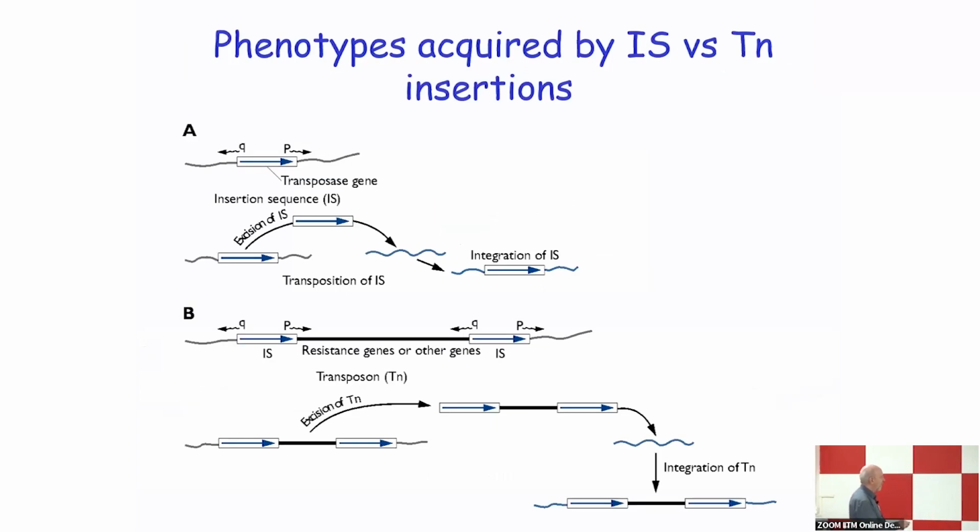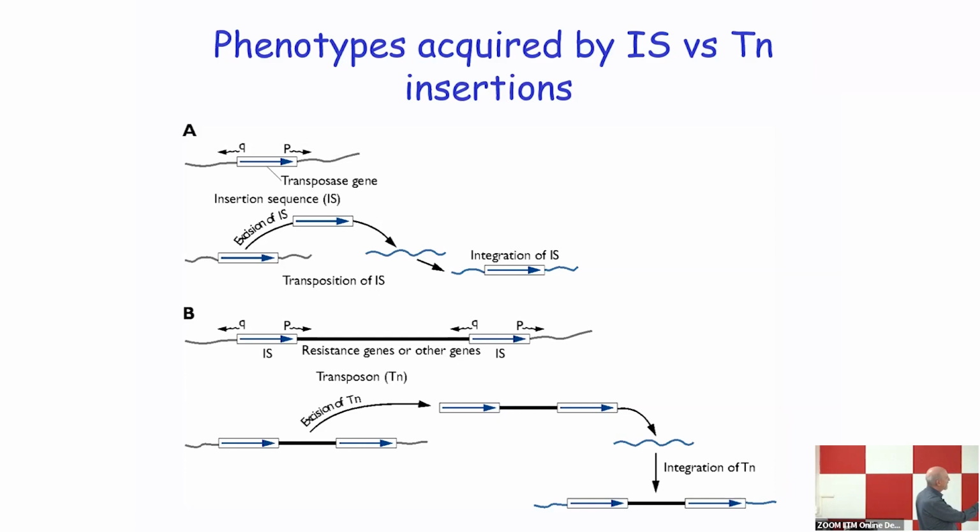So what happens when an insertion sequence jumps versus what happens when a transposon jumps? Well, if an insertion sequence gets inserted somewhere else, the only thing that can happen is that the target, the gene where it hits, will be mutated. I mean, there's no other possibility. In some cases, apart from that, sometimes inside the insertion sequence there are promoters that go in one direction, because the transposase has to be transcribed, and therefore inside the insertion sequence there's a promoter.